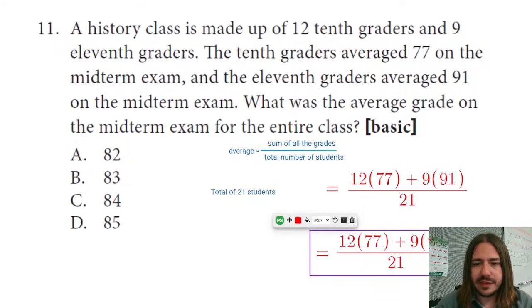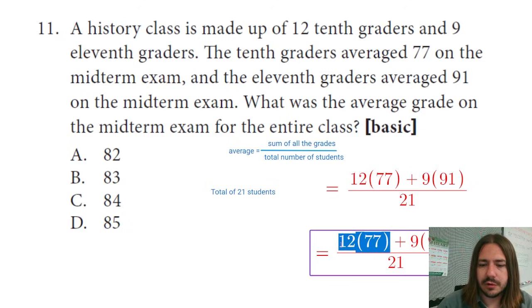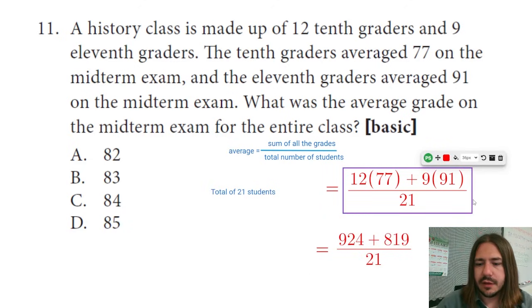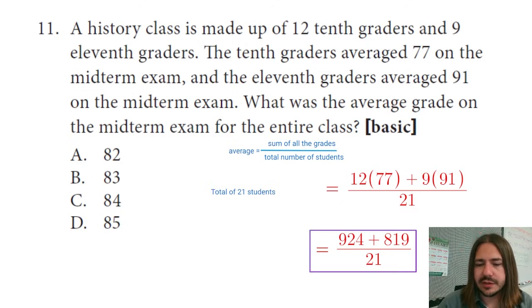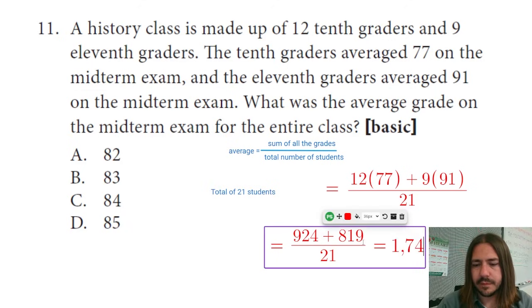Let's break this down one step at a time, though. 12 times 77 is going to be 924. And then 9 times 91 is going to be 819. If I add those two together, I get 1,743. Last step here is I'm going to divide that by 21.